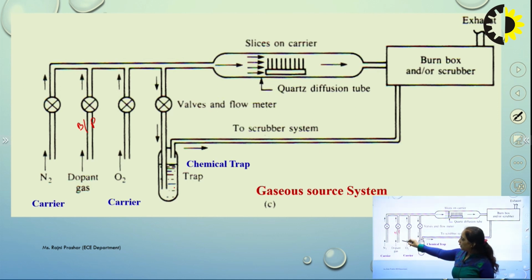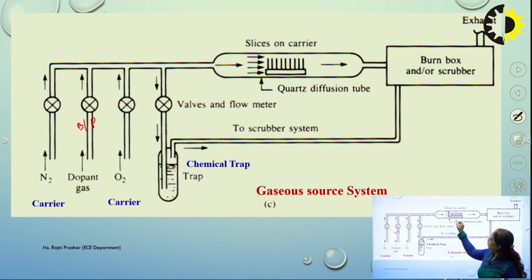Inside this quartz diffusion tube, over this quartz boat, we have the wafers which are placed vertically, and from this direction we are going to diffuse the material on this side of the wafer, right. So as per the requirement, as per the choice of the designer, they are going to select any reactor.